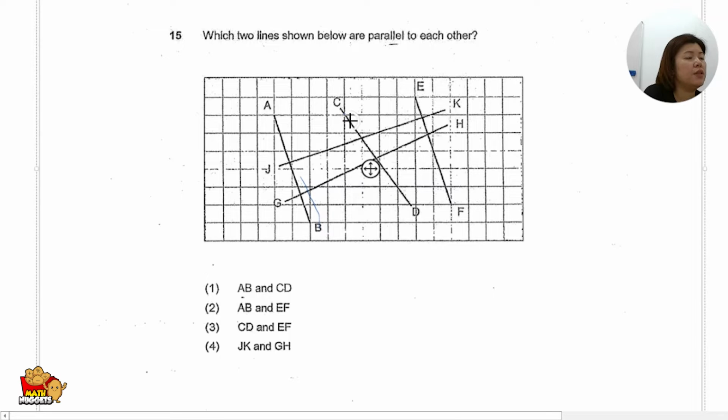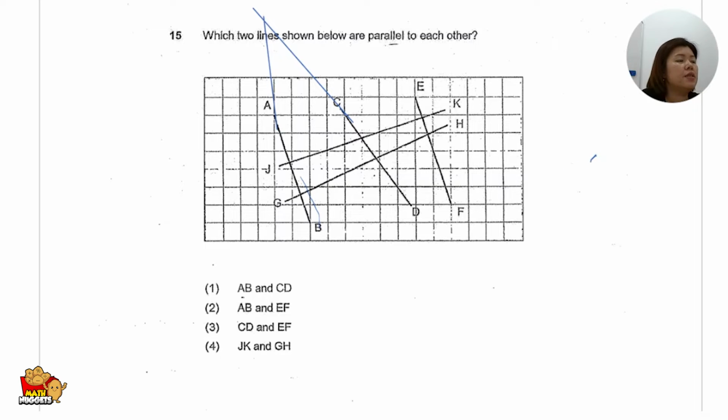If you extend the line, it will meet. Okay, so number 1 is out.